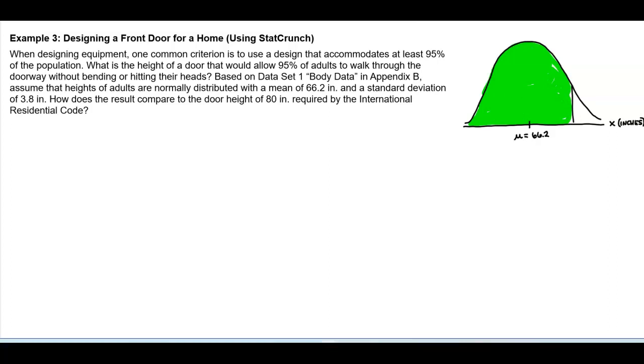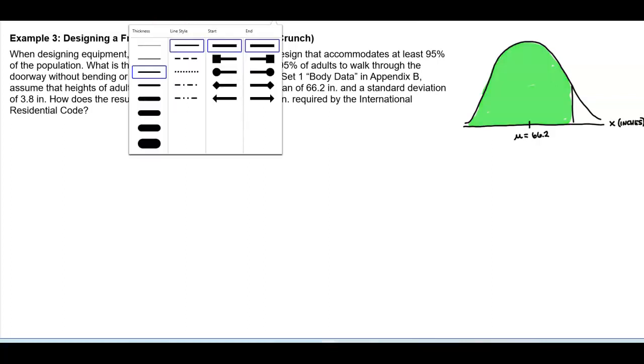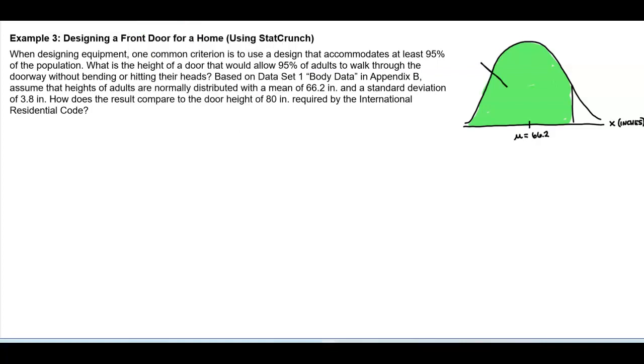So now that we've shaded that, we can now label that's the area. So the area, which is 95%, can also be written as 0.9500. And so what we want to determine is, what is this x value here? This is the question that we want to find.